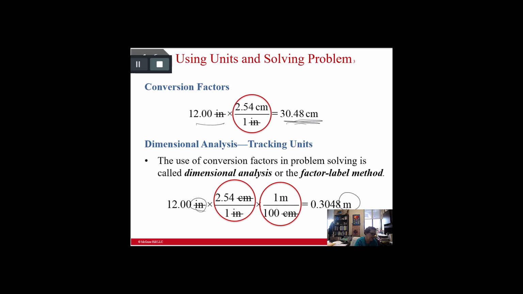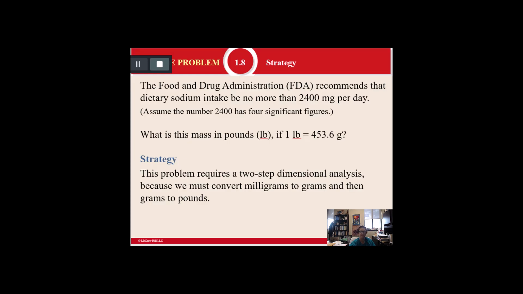For example, inches times 2.54 centimeters over inches gets rid of inches and leaves me with centimeters. But I want meters this time, so I'm going to put another conversion factor here that gets me from centimeters to meters. There are 100 centimeters in 1 meter, and that gives me 0.3048 meters. Remember, we looked at the metric system and its multiples of 10. Once I get to the metric system, it's pretty easy to convert the rest of the way.